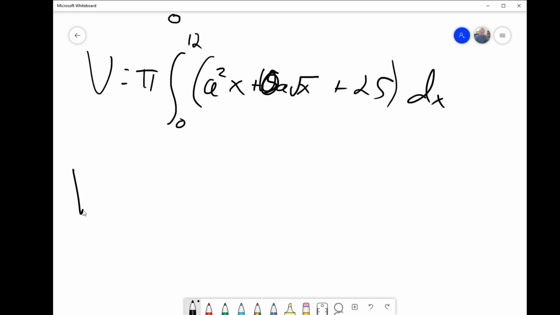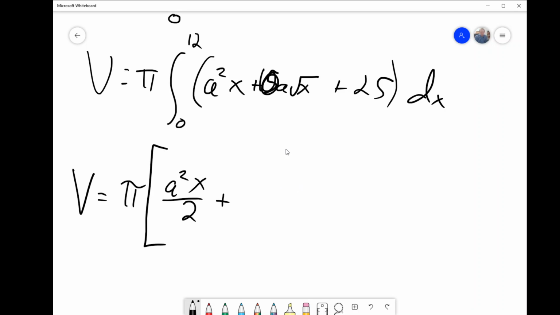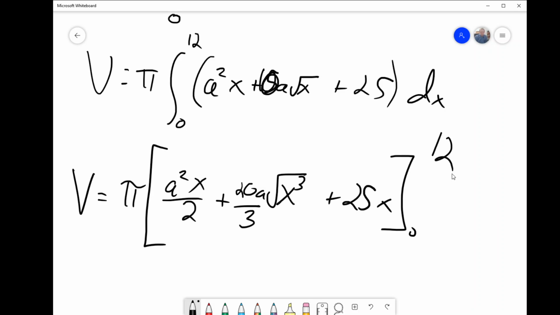So if we take this integral, we end up with a squared x squared over 2 plus, well, the integral of x to the half, we must have had a root x cubed before. This would have been multiplied by 3 over 2 when you took the derivative. So our 10a has to be multiplied by 2 over 3, the reciprocal of that, plus 25x, from 0 to 12.